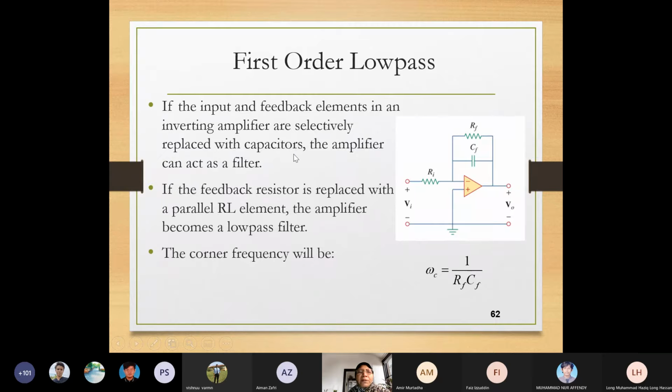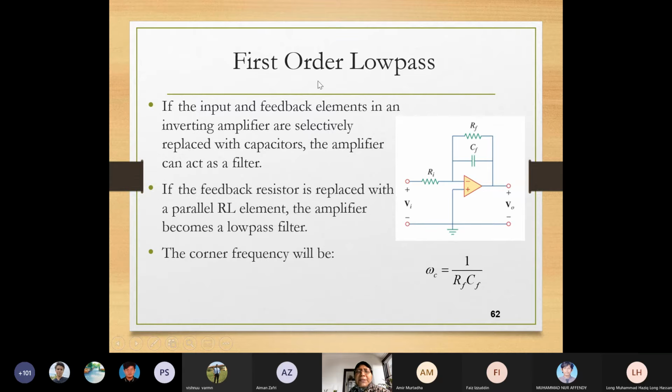Although it's not covered, I have put one question in the mini project, a bonus task. So let me introduce to you roughly the basics of active filters.